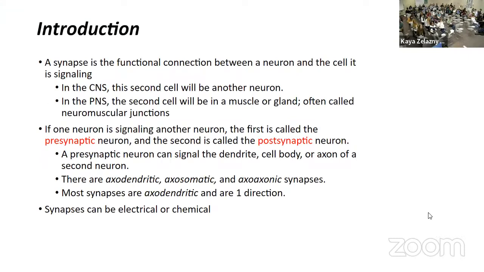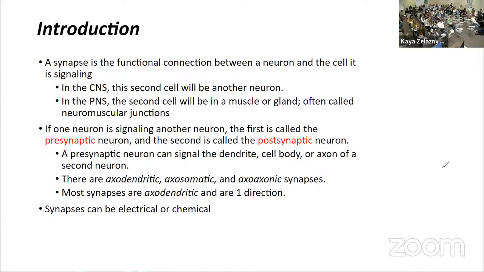Okay. So big picture, a synapse is just a connection between a neuron, so like between a nerve cell and the cell that's receiving that communication. I'm going to draw an ugly neuron. Okay, and here will be my terminals.